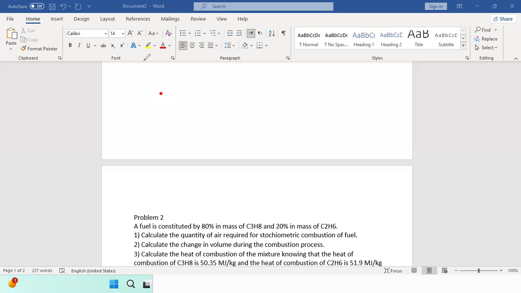For example, in general, if you want to write a chemical reaction, we need to know the number of kilomoles of the reactives. We can say, for example, let us consider that we have A kilomole of C3H8, okay, and B kilomole of C2H6, okay?